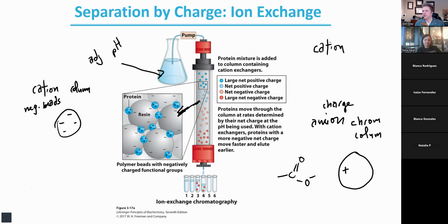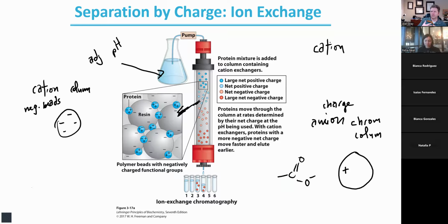In the event that you're like, no, that doesn't make sense, it's kind of tough to wrap your mind around it. That's why I hope this is helpful, but I always think about it this way: when I'm fishing, what am I looking for? I'm naming the thing that I want to catch. So when I'm doing cation chromatography, I'm trying to catch a cation, a positively charged thing. How am I going to do that?